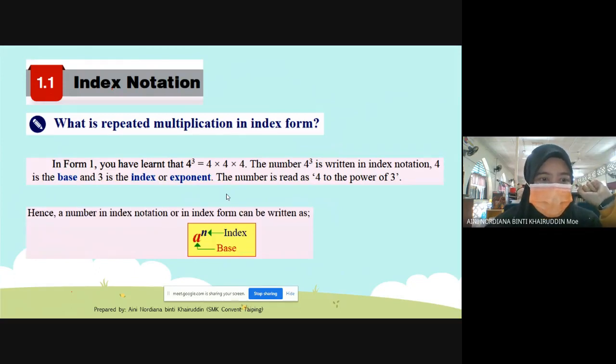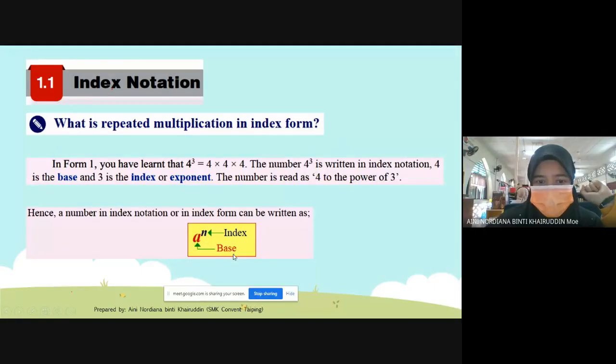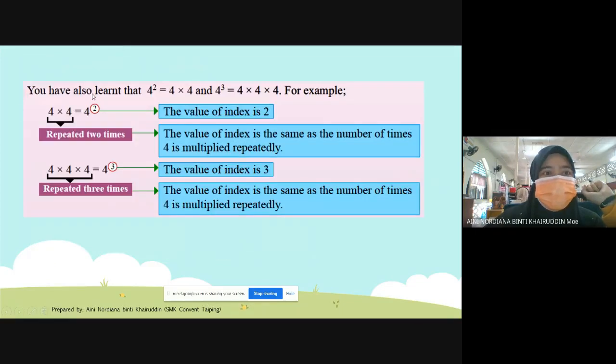Hence, a number in index notation is a to the power of n, where a is the base and n we call the index. If you have any question, you can stop me anytime and ask. You have also learned that 4 square equals 4 times 4 and 4 cube equals 4 times 4 times 4.